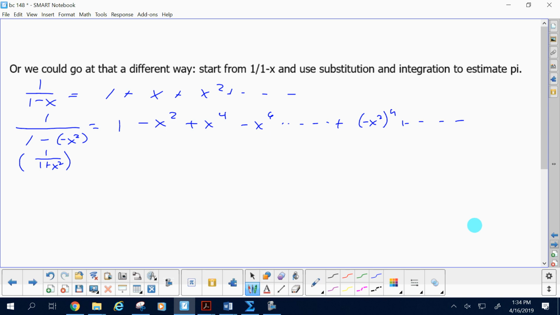The antiderivative, yeah. The antiderivative of 1 over 1 plus x squared is, now let's talk about the goal. The goal is to estimate pi, not to estimate or find our tangent. So what definite integral could we use to estimate pi?